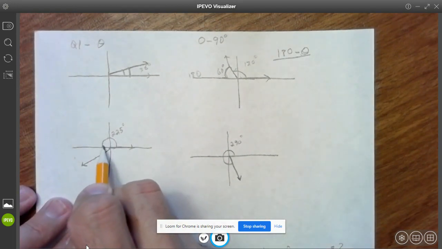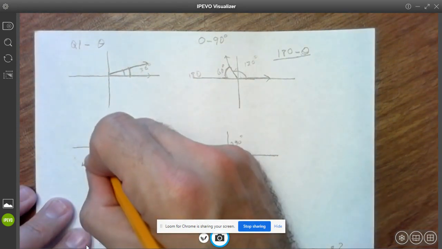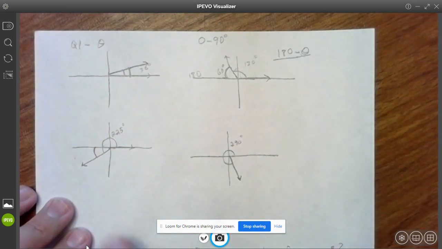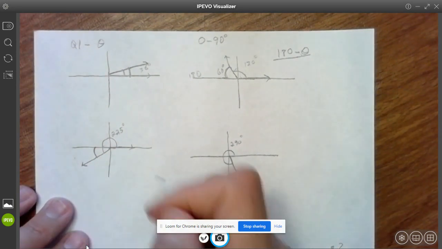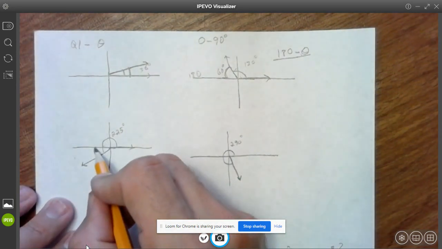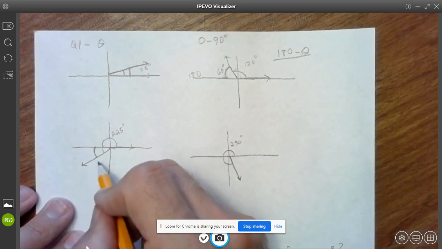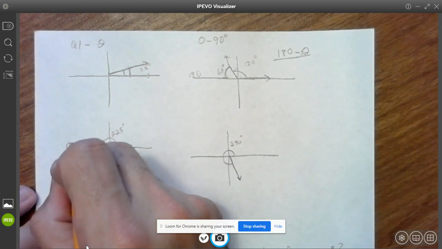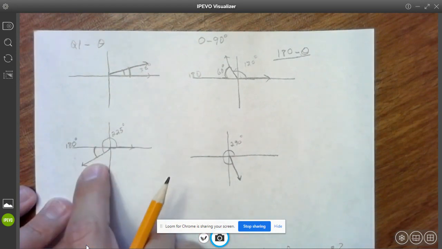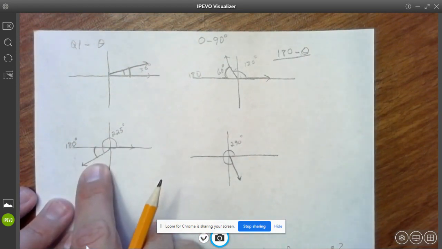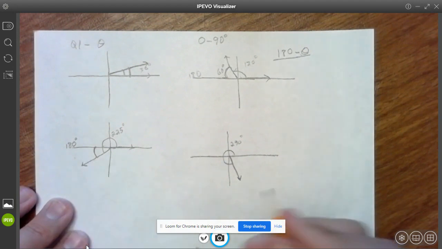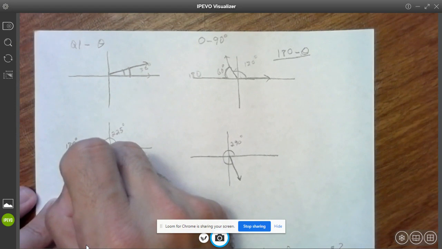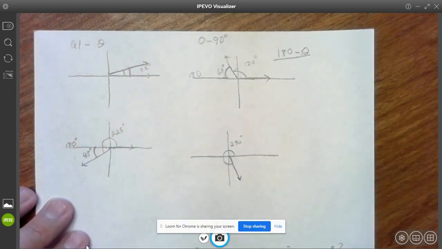It passed 180, and we're trying to find the angle between the terminal side and the x-axis. The way I think about it is, if we were at 180, how much further did we go to get to 225? From 180 to 225 is just 45 degrees. So that would be our reference angle.